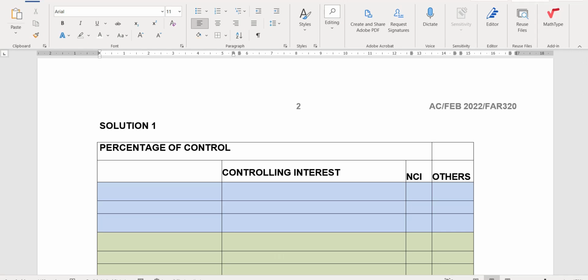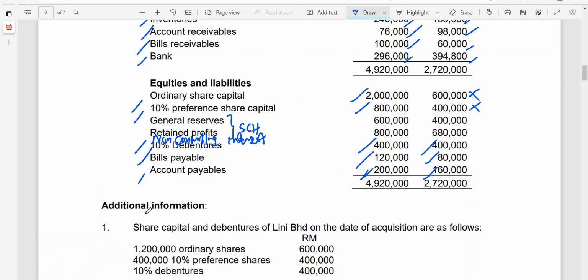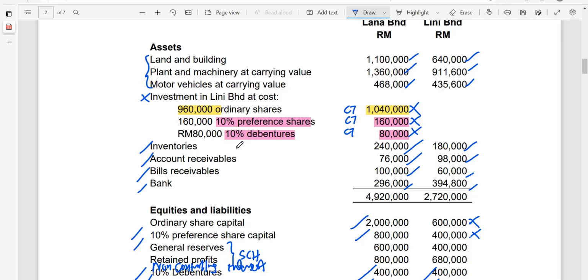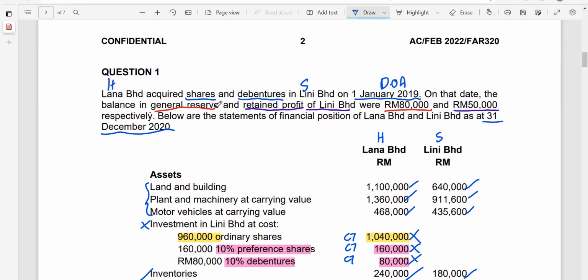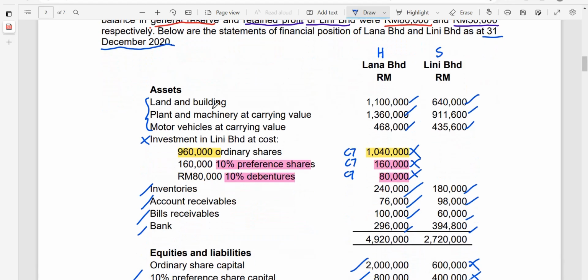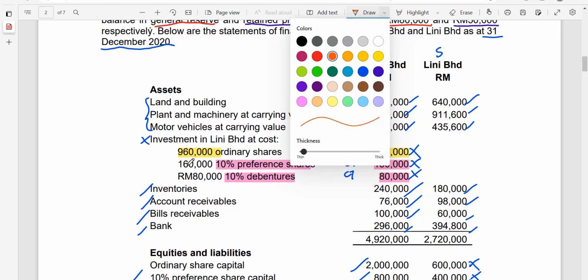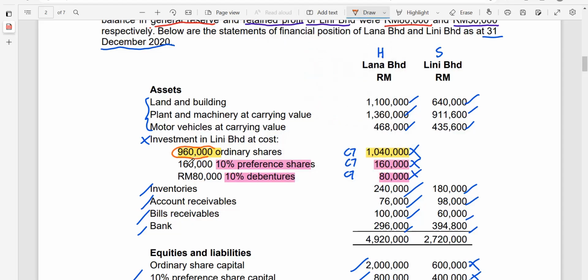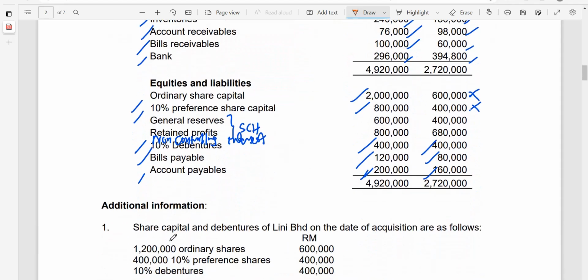To calculate the controlling interest, we're going to look at what information is given. So you have been informed that you acquired shares and debentures here. To get the detail, you can check the one here. First, if you look here, 960,000 shares were acquired, and the share capital in the subsidiary is given here in terms of the amount.